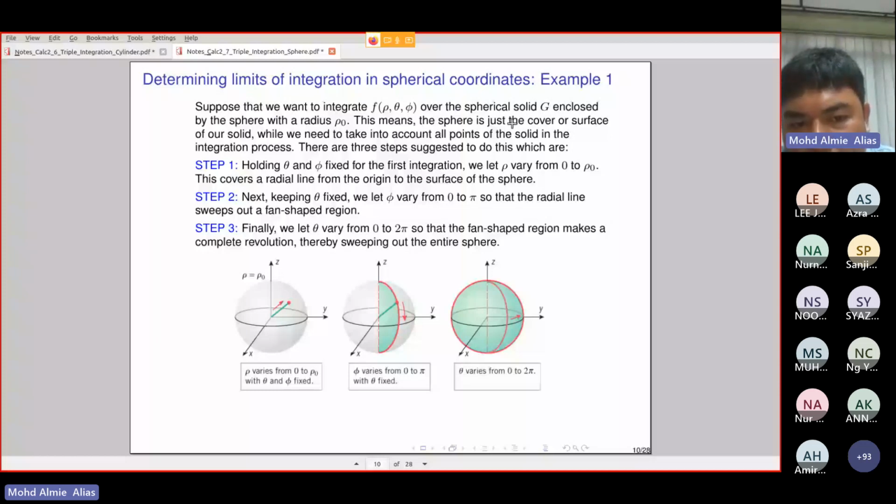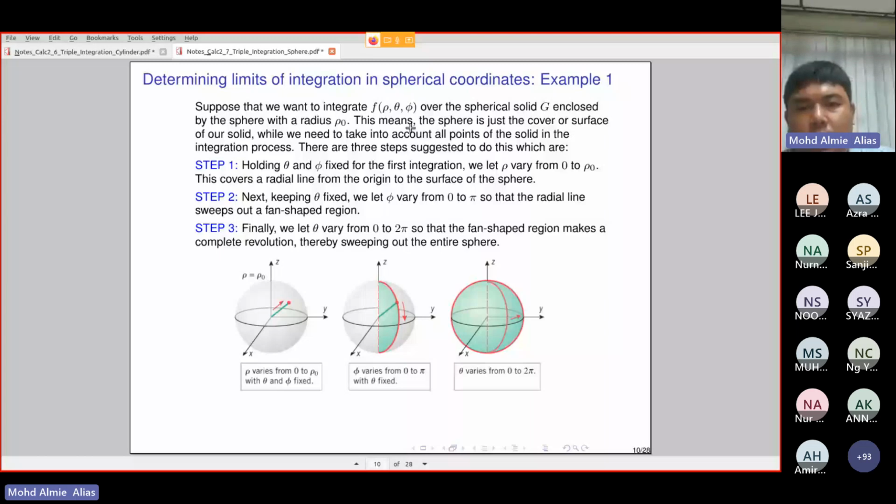The solid here is our domain, not our function. We want to integrate f over the spherical solid G, which is all points contained by the sphere with radius rho naught. So you want to include every point inside it for your integration.